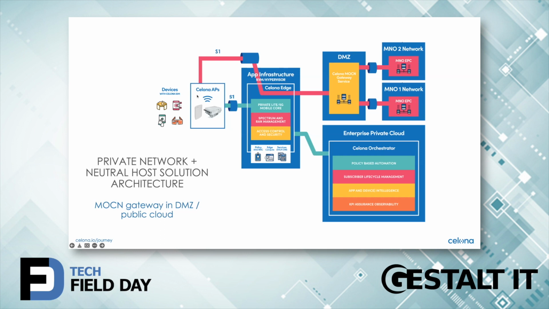From the same AP, you will have a different IPsec tunnel going to a so-called Microgateway, MOCN, which stands for Multi-Operator Core Network Gateway. And this IPsec tunnel is terminated in this gateway, and then separate IPsec tunnels are established with each operator. So this way, the traffic belonging to the private network and the public network is already segmented at the AP itself.